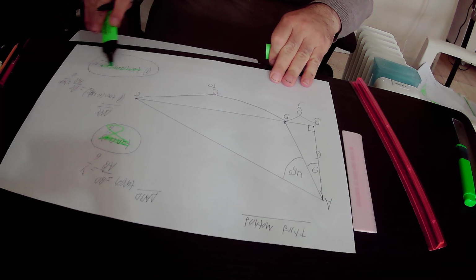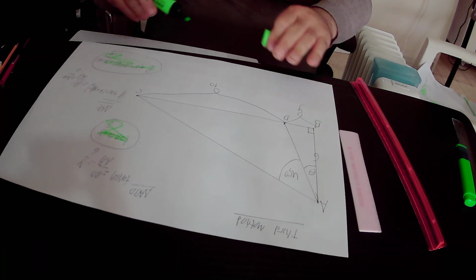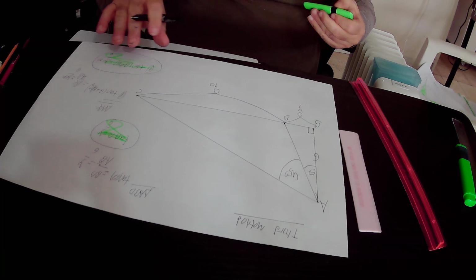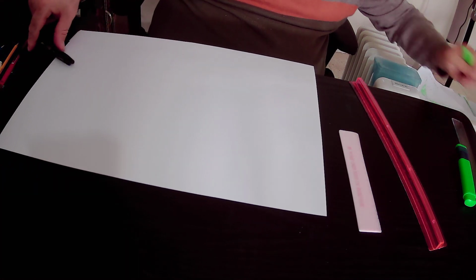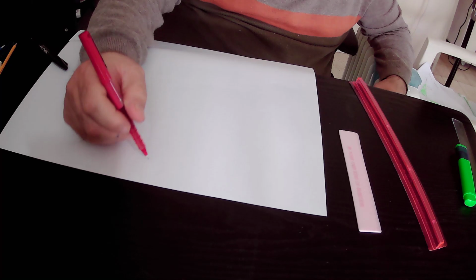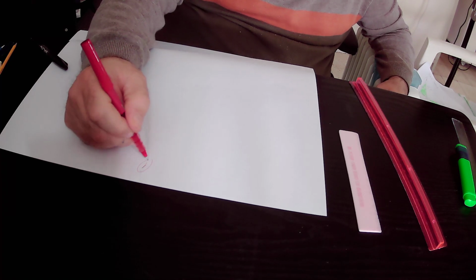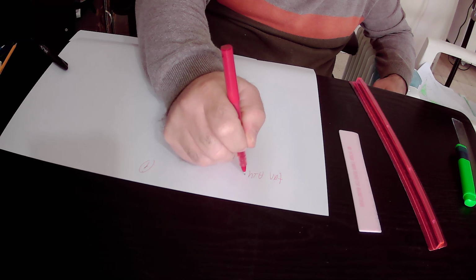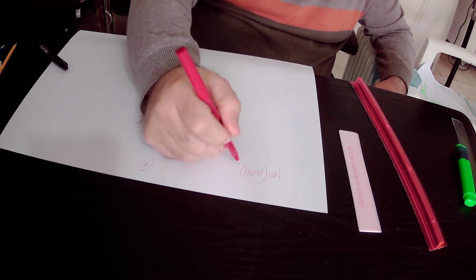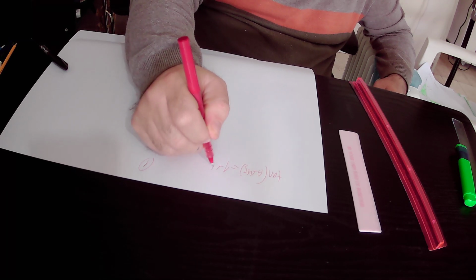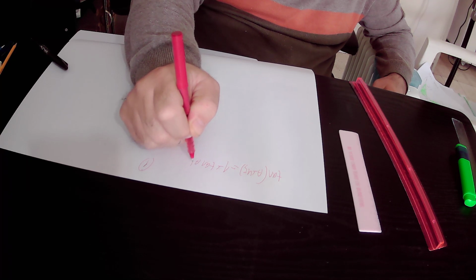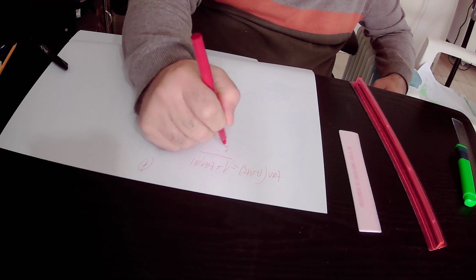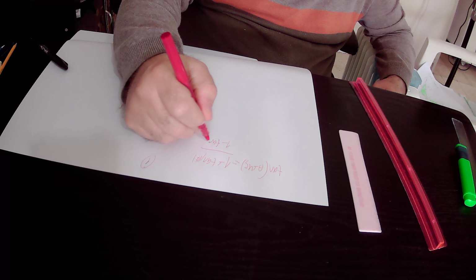Okay, so actually we have a trigonometric identity for tangent of theta plus 45 degrees. The value of tangent of theta plus 45 degrees is equal to 1 plus tangent theta over 1 minus tangent theta.